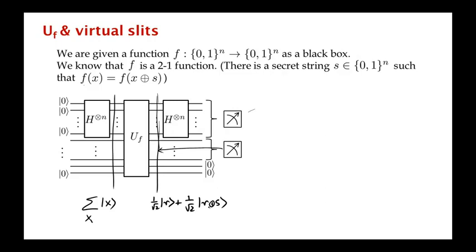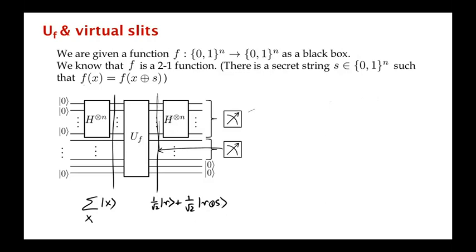So it's as though out of the 2 to the n virtual slits, we've picked out exactly 2 of them. Which 2? Well, each of them by themselves looks random, but they are related to each other in this very special way that they differ by exactly s. So what we've done is we've picked out 2 random slits, 2 slits which are randomly positioned among these exponentially many, but they differ by exactly s.